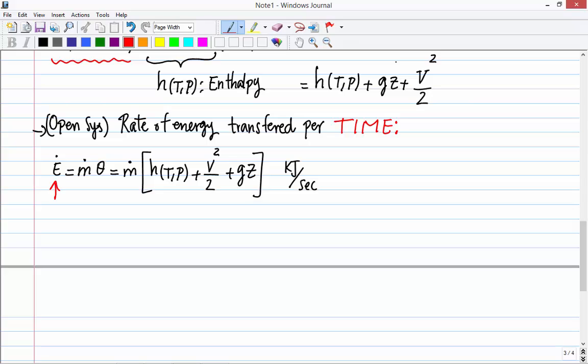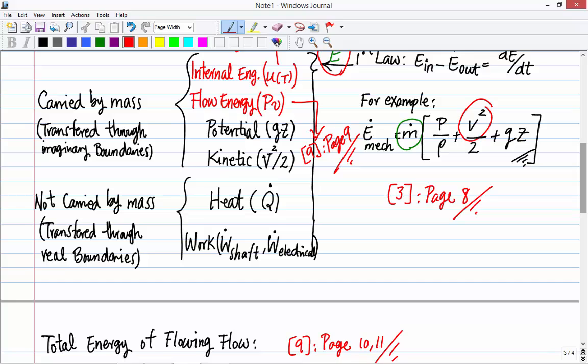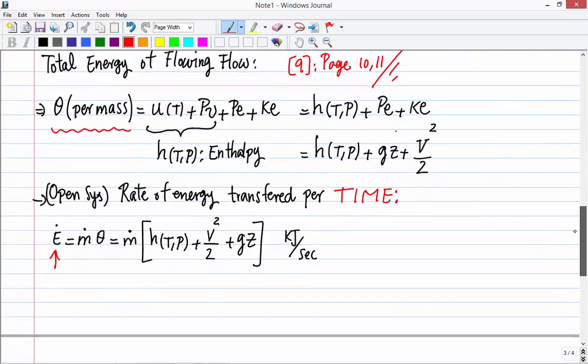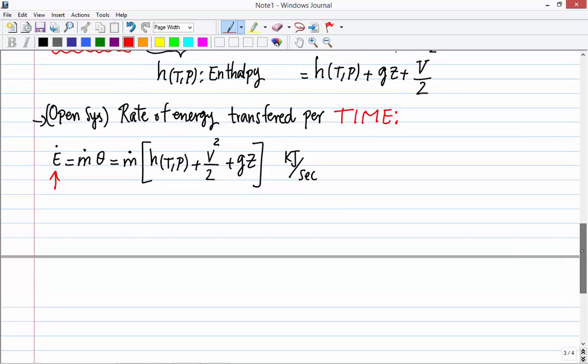And this guy is which category? Please pay attention. Here, I divided E dot into two categories. The first one was carried by mass. The second one, which contains heat and work, is not carried by mass. So all these four types of energy that I have taken care of are carried by mass.